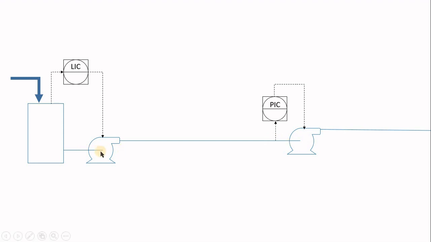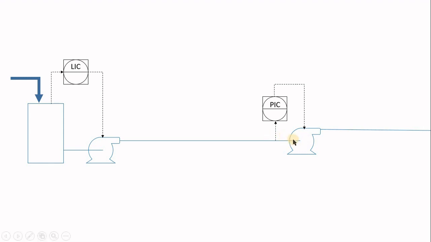In this case, regardless of what speed this pump is running at, if this pump is running at a higher speed and you have a higher pressure here, this pump will be running at a higher speed to reduce the suction pressure to a specific value, around the minimum suction pressure.